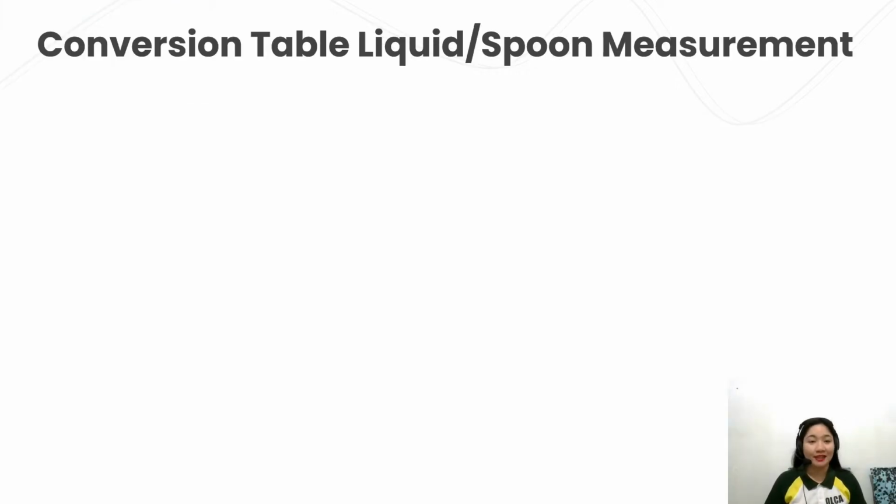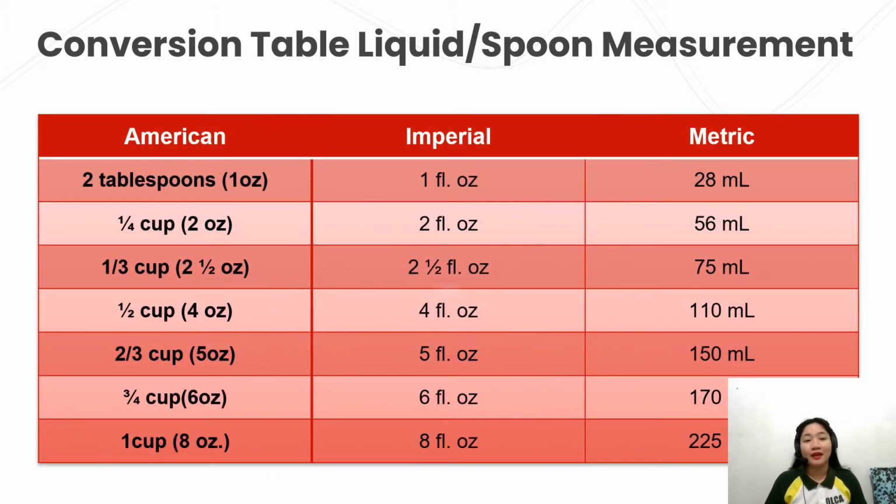Class, kindly take note of this conversion table for liquid or spoon measurement. For the first column, we have the American system of measurement. For the second column, we have the imperial system of measurement.